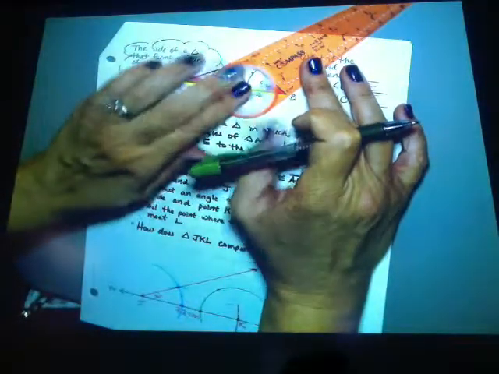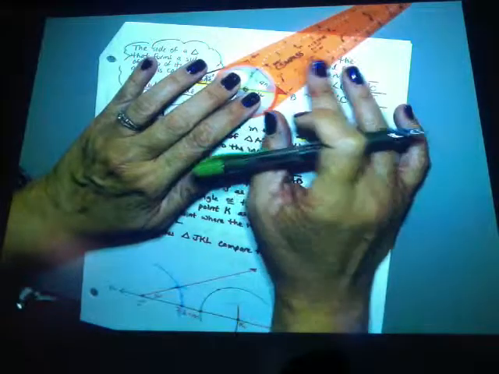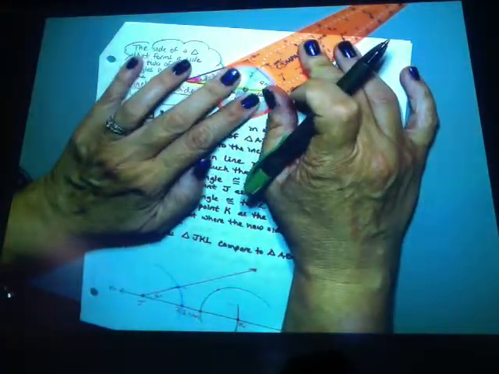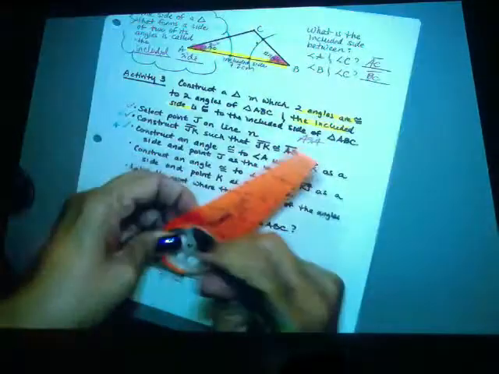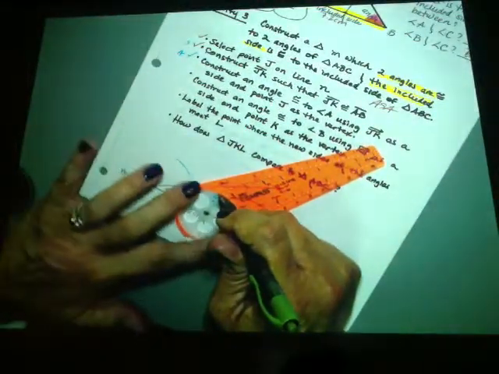I'm going to have to use the white part. Here we go. This one. Bring this down to the point that we made on the green line here. And make an arc. X marks the spot.